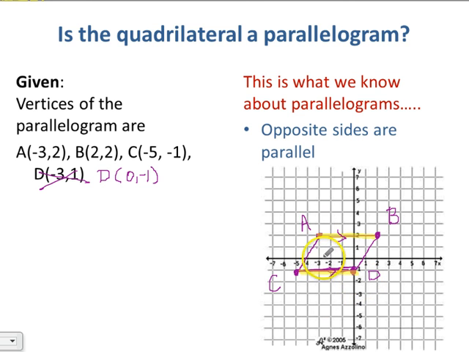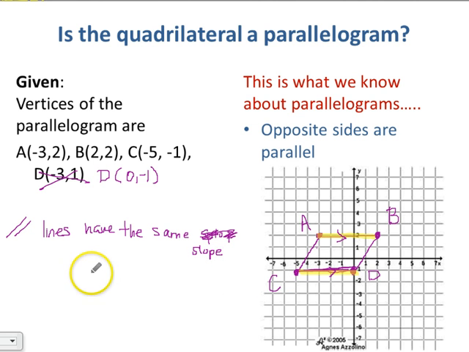Well, let's find the slope because we know that parallel lines have the same slope. So remember, we learned last week that parallel lines have the same slope. Whoops. Oh goodness, I'm having trouble spelling slope today. I don't know why. Alrighty, so let's find the slope of line AC.